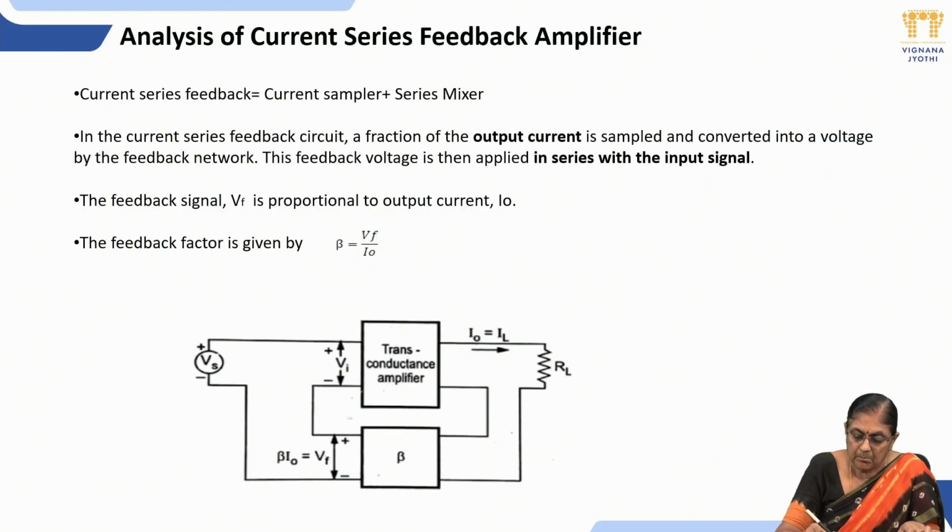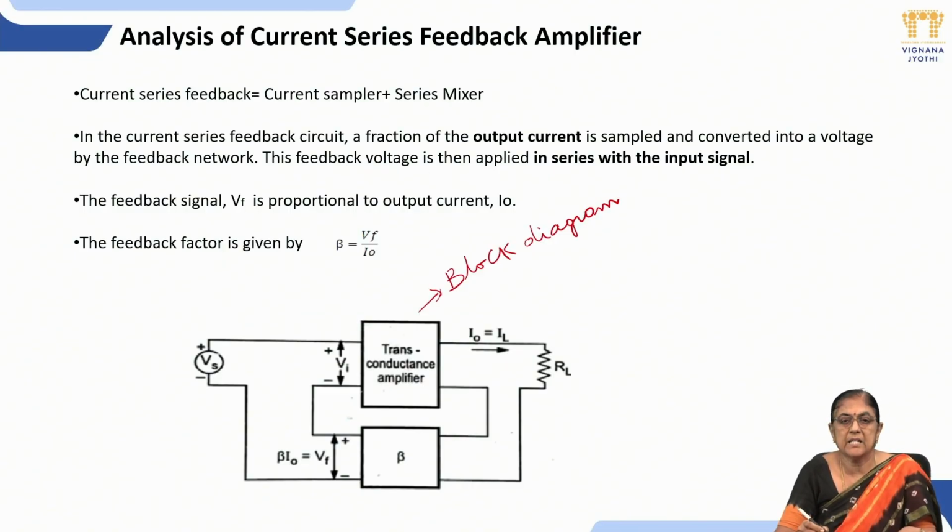So this is the block diagram of current series feedback amplifier. In this current series feedback amplifier, the basic amplifier is a transconductance amplifier.